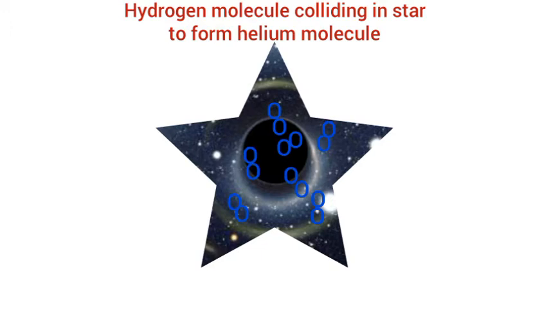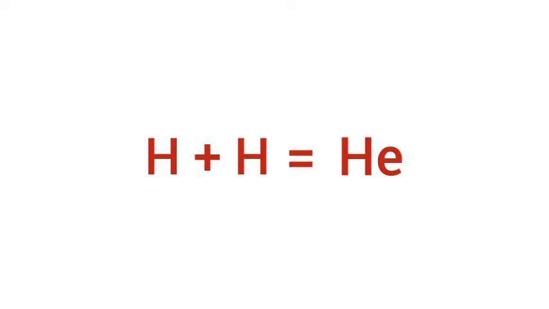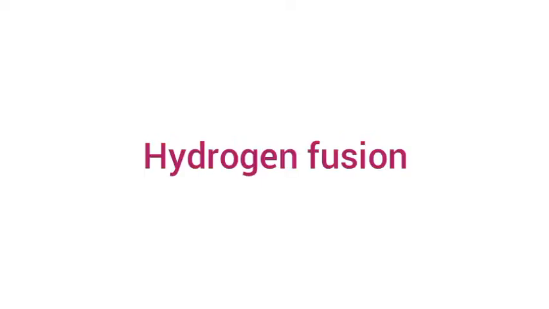The gas heats up. Eventually, the gas will be so hot that when the hydrogen atoms collide, they no longer bounce off each other, but instead merge with each other to form helium atoms. The heat released in this reaction, which is like a controlled hydrogen bomb, is what makes the stars shine.